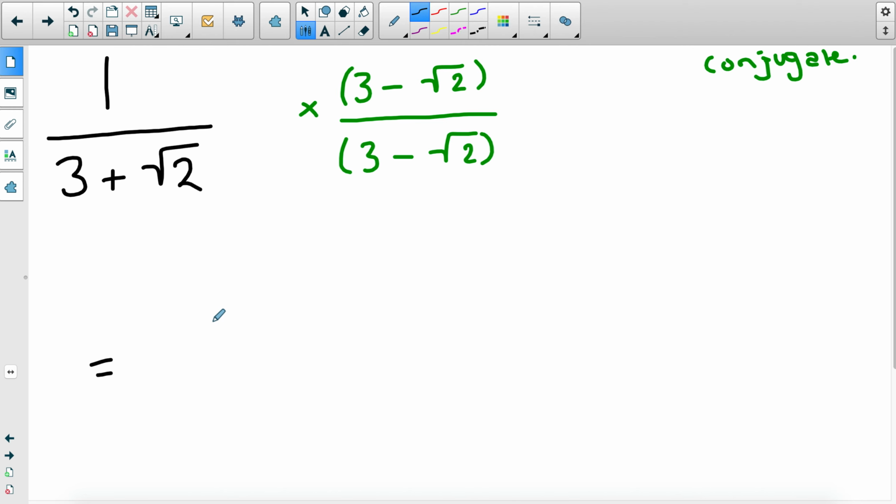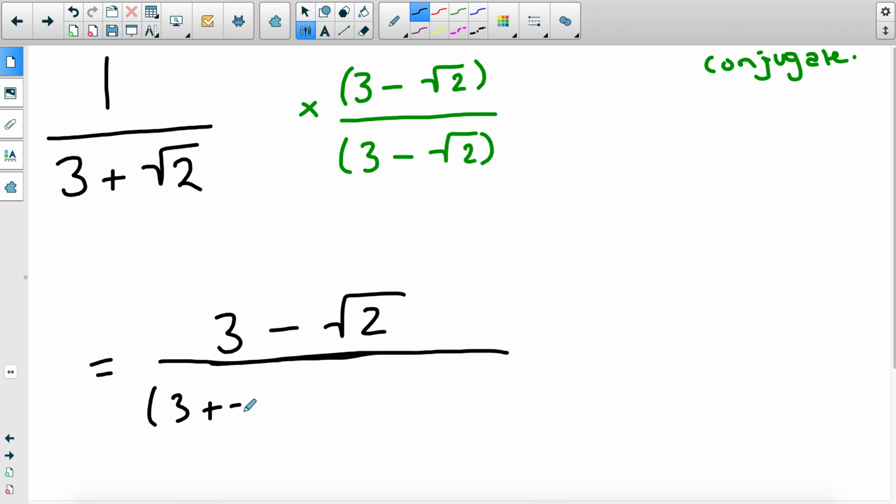And the numerator will be 1 multiplied by that, which is just 3 minus square root of 2. The denominator will be, if you have seen the previous video, you would have spotted that I don't need to go through the whole expansion, as these two are just the difference of 2 squares. I can use the rule for the difference of 2 squares.